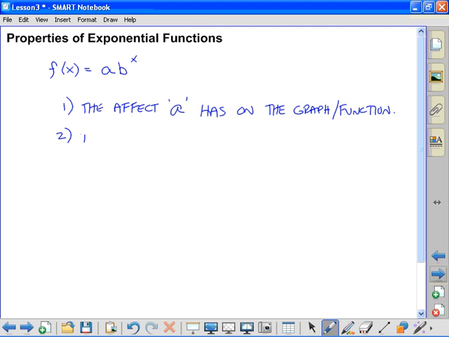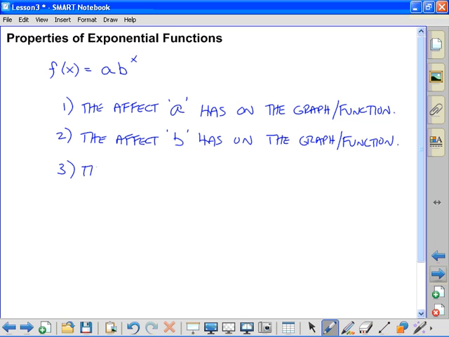Secondly, I want to know the effect the b value has on the graph or function. And finally, I want to know the effect of x, the independent variable, on the graph or function.